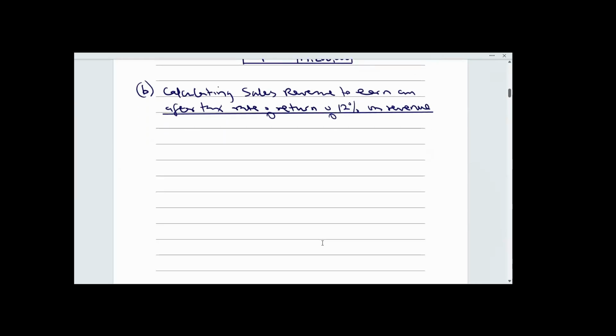You don't know the sales revenue. You will recall when I was giving you the formula to calculate break-even points in Naira to achieve a targeted profit after tax, or to achieve a targeted profit where profit after tax is given to you. That same formula is what you are going to use to calculate the sales revenue.